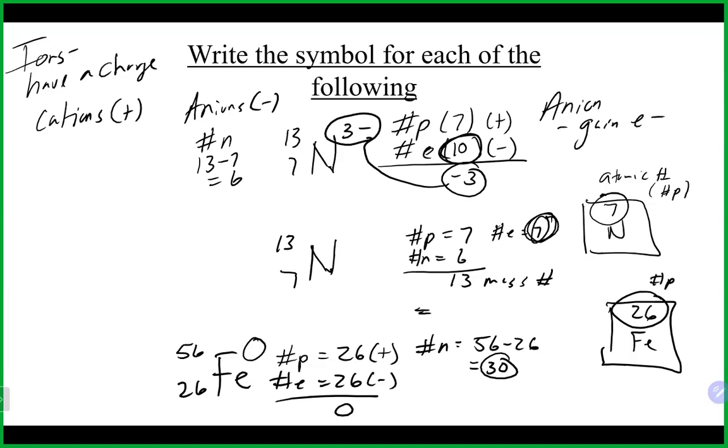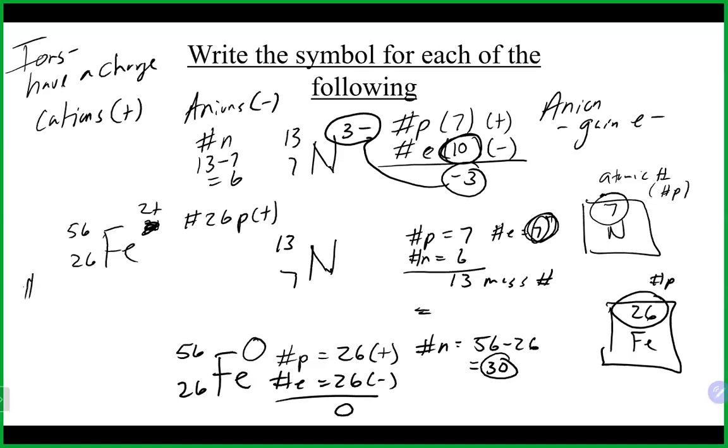How about iron? If I took the exact same iron, and let's just say it had a +3, actually I'll do a +2 charge. Let's do a +2 charge on that. Once again here, this iron has 26 protons, otherwise it would not be iron, right?